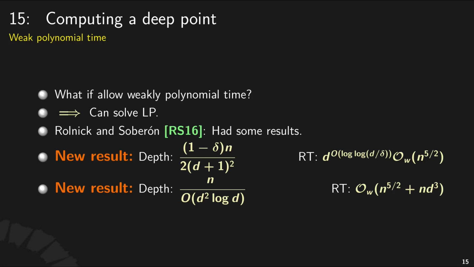By using ideas similar to theirs, we are also getting improved results, where again, the running time is weakly polynomial because we use linear programming. So the running times are stated on the slide. Essentially, we get the same approximation we got in the previous slide, roughly n over d squared, but the running time is d to the log d, instead of d to the log d squared. So there's a slight improvement in the running time.